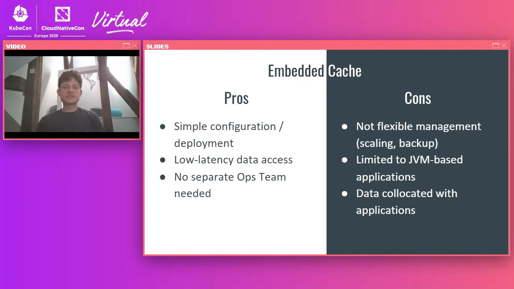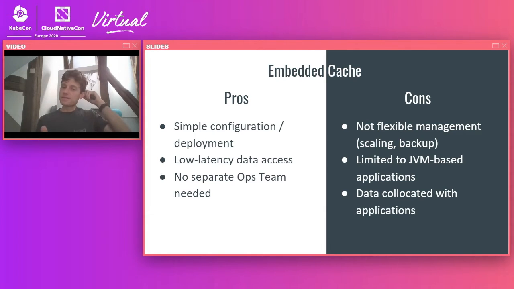However, from the downsides, the cache management is not flexible. If you would like to scale up your cache, say you don't want 2 nodes but 5 nodes of cache, you can do it only together with your application, because it's embedded. It's also limited to your language of choice. If you write in Java, then it will be limited to JVM-based solutions.